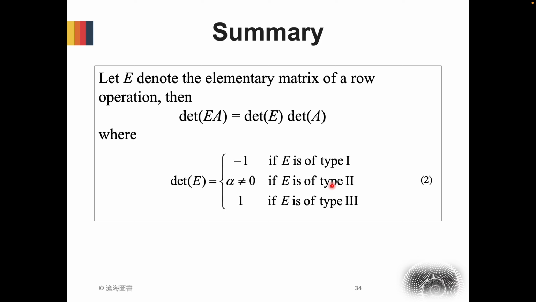If E is of type 2, then determinant E is equal to alpha, where alpha is a non-zero scalar. If the matrix E is of type 3, then the determinant of E is equal to 1. Okay, so this is how different elementary row operations influence the determinant of a matrix.